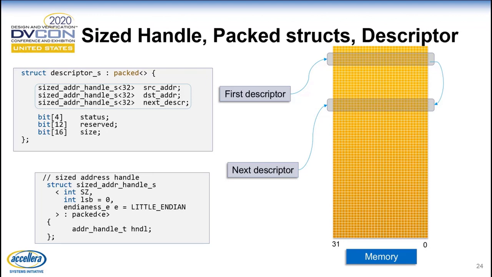Now, what is this sized address handle underscore S32? What does that mean? So a lot of time, if you have a DMA IP, it will do very aligned transfers, like 4-byte aligned or something. And sometimes it will expect that if it's a 32-bit address space, you ignore the 4 bits and you only put the bits that it needs. So this is the way we have defined you can do that. If you take an address handle, the source, destination and next descriptor here are handles.